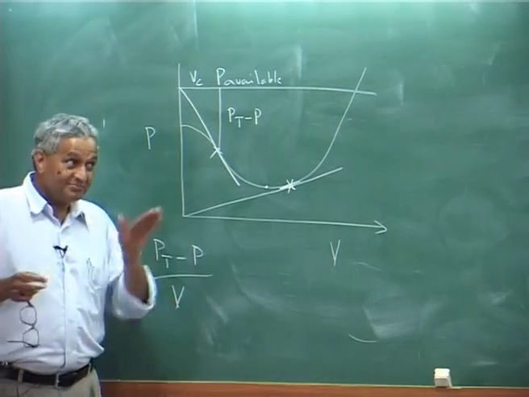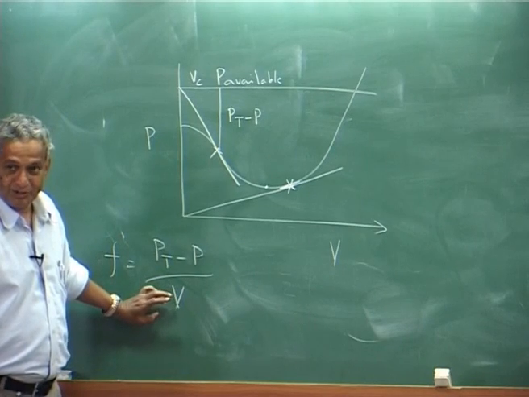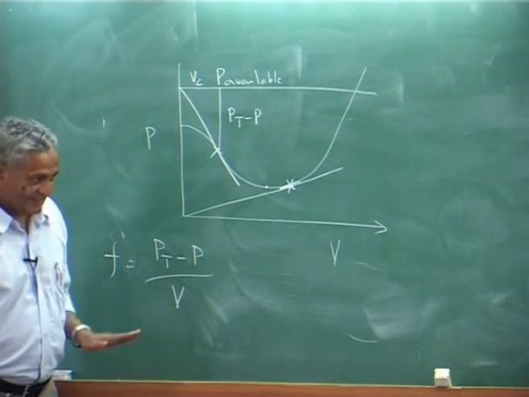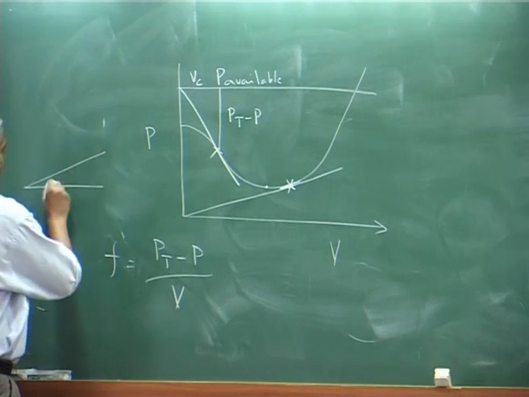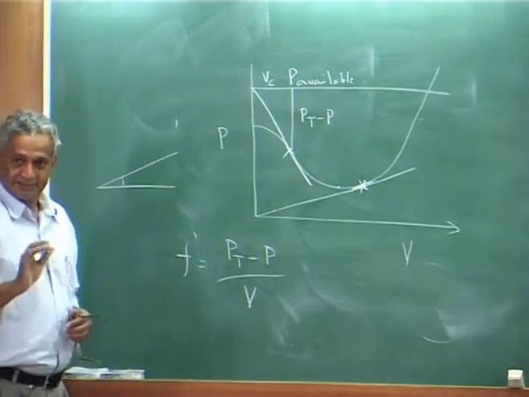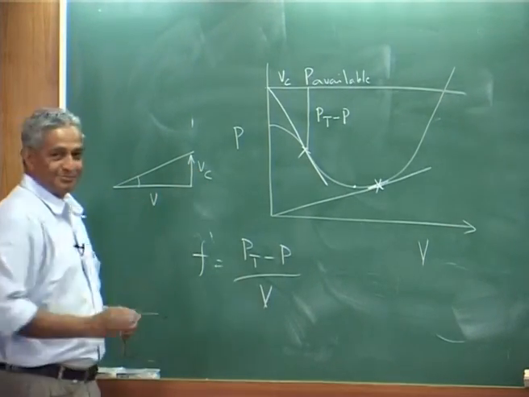Good climb angle, because you want to have minimum power, but not zero velocity. You want to have that angle of climb good such that this is Vc, this is V, right.